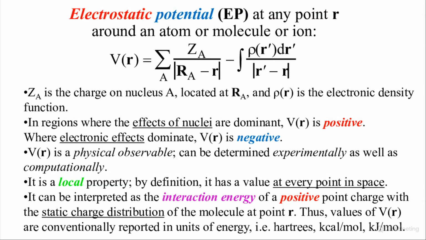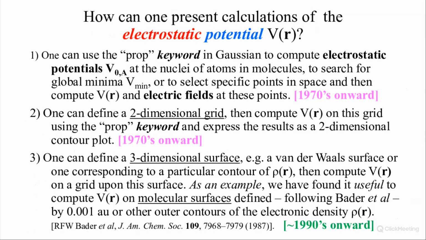It can be interpreted as the interaction energy of a positive point charge with the charge distribution at point r. And therefore, historically, the units for the electrostatic potential are those of energy, such as Hartrees, kilocalories per mole, kilojoules per mole. Are you able to hear me? Yes? Okay.